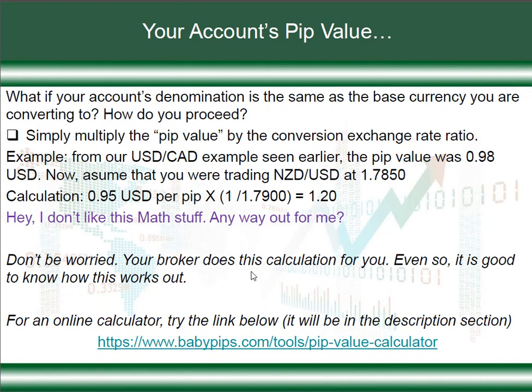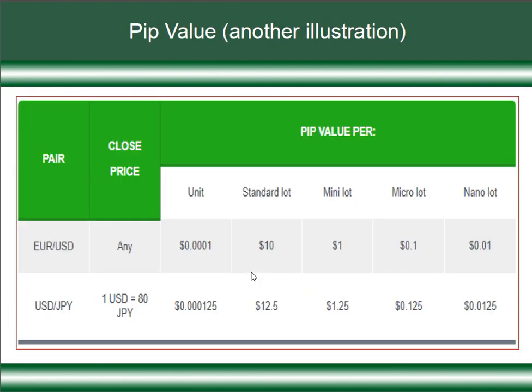Another example here, you can pause the video and look at it. Now, later on when you talk about lots, standard lots, mini lots, micro lots, and nano lots, generally for the EUR/USD pair, it is understood or agreed that if you are trading a standard lot, 1 pip means $10 in your account.